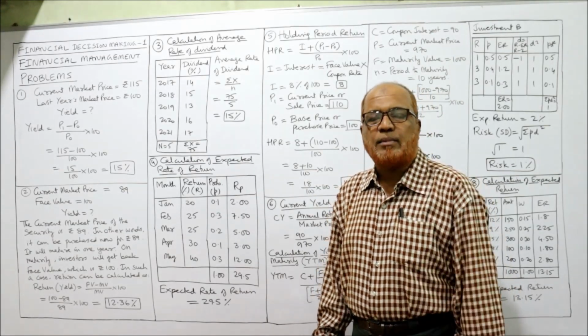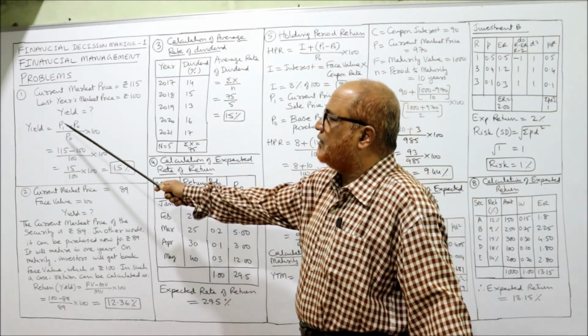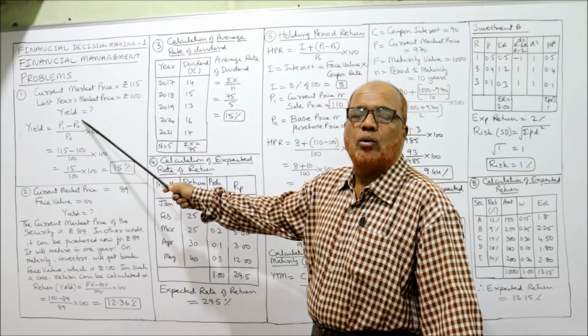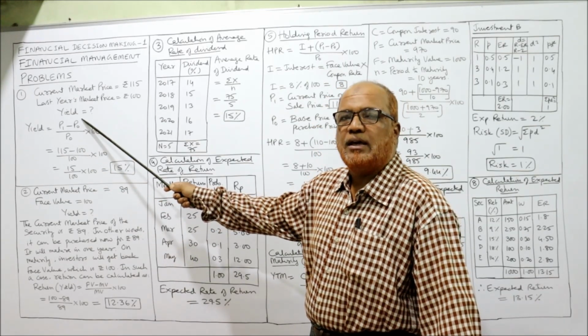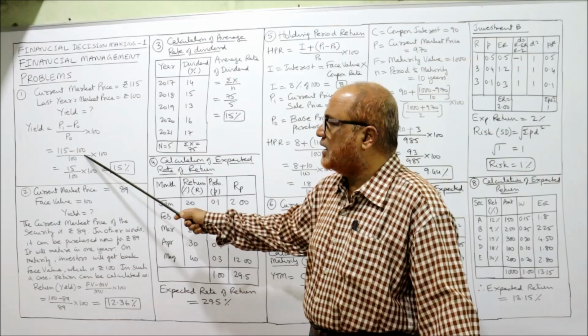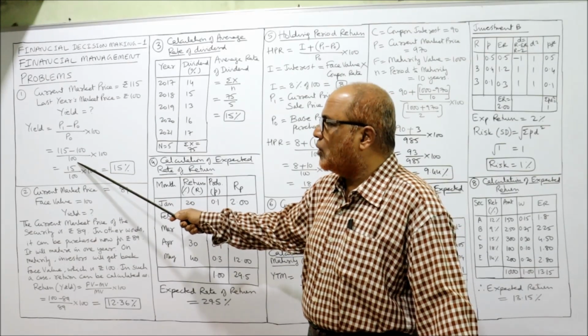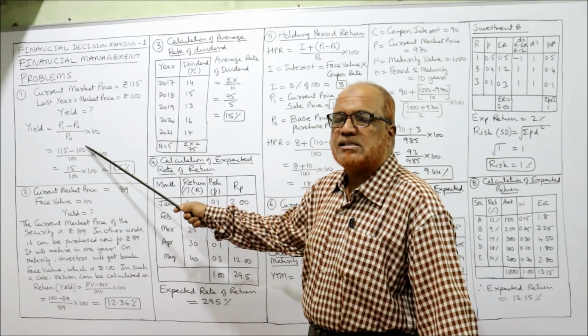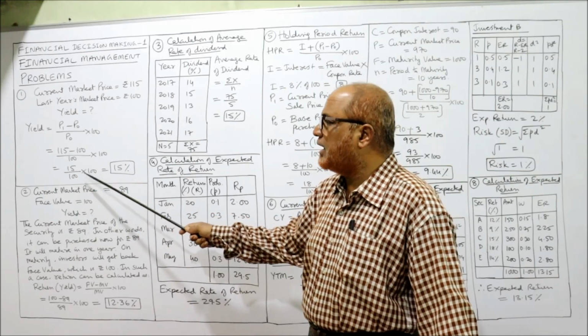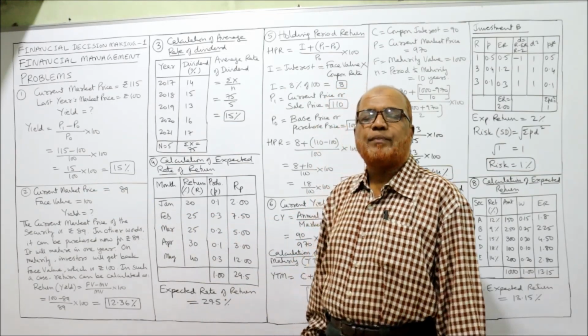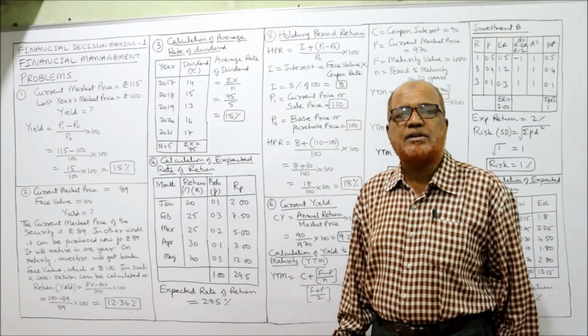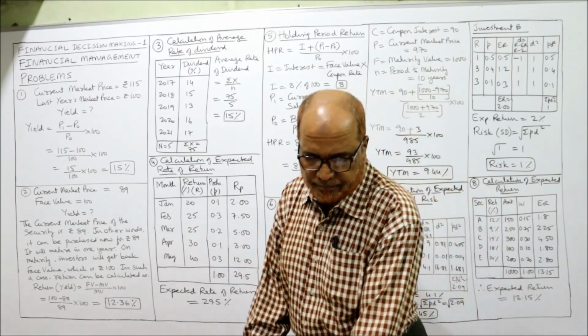P1 stands for current market price, which is 115, and P0, the price 1 year ago, was 100. So 115 minus 100 is 15, divided by 100, into 100, gives 15%. That means the yield is 15% on this stock.